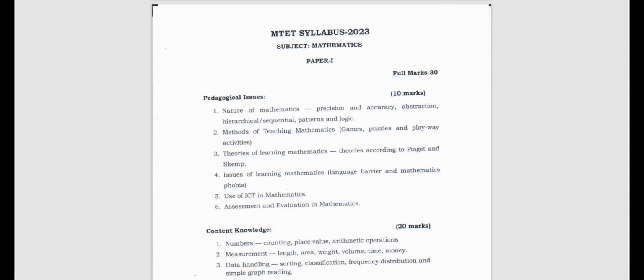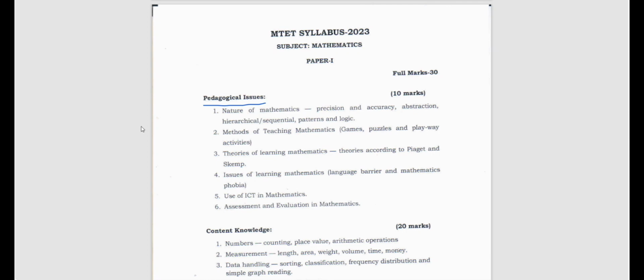What is the choice? Mathematics comes for 30 marks, and you will get 30 questions, which means one question for 1 mark. You don't have to be scared because your mathematics syllabus is divided into two parts. The first part is pedagogical issues.